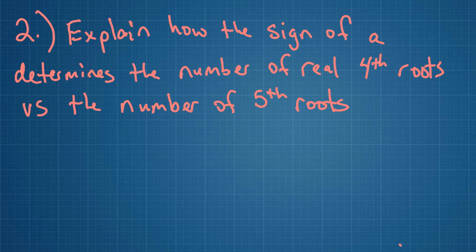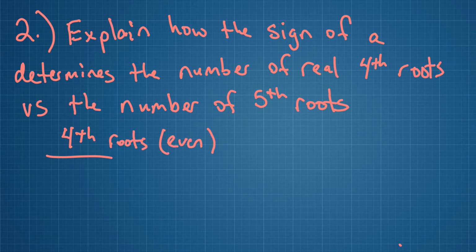All right. Number 2 says, explain how the sign of A determines the number of real 4th roots versus the number of 5th roots. Okay. When you have 4th roots, that means your index is an even index. All right. You have 2 solutions if A is positive or greater than 0.